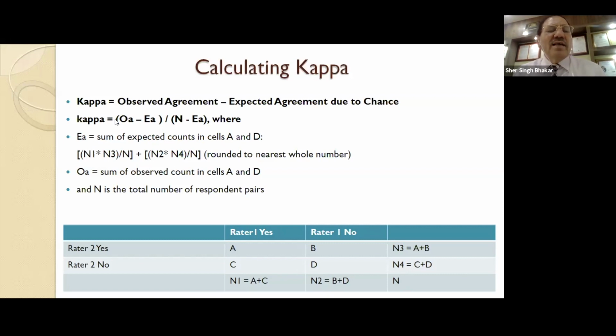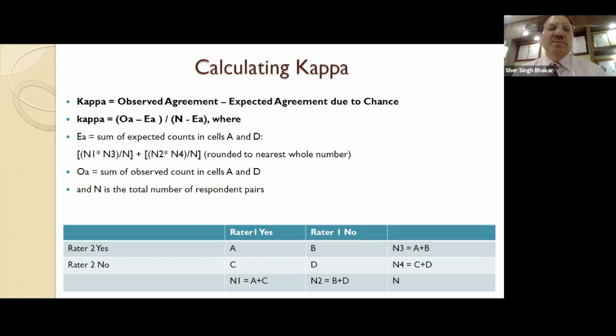And kappa uses this formula: observed frequency minus expected divided by total frequency minus expected. If you use this formula, you will be able to get inter-rater reliability. We call it kappa. Generally, this is used only when we are developing a new scale and we want to publish that as a scale.